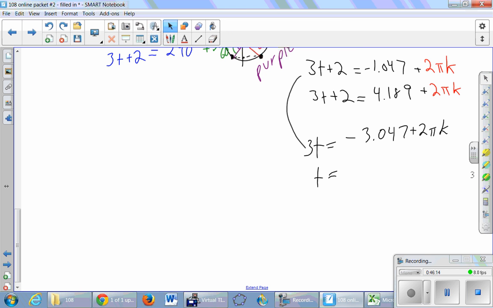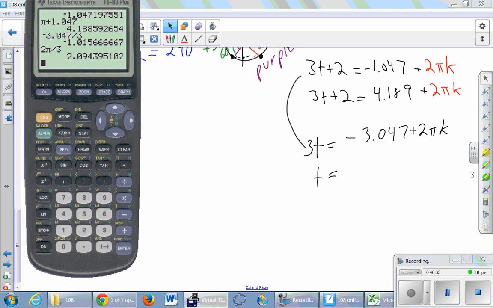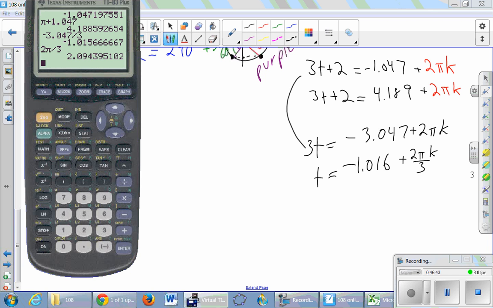And here the calculator will come in handy. That's that, and then we might as well take the other guy and divide by 3 as well. 2 pi divided by 3. So you can write 2.094, or you can just leave it. I personally like to leave it with the pi's in it, but either way is okay by me. So what do we have? Negative 1.016 plus, and then this guy also gets divided by 3. That's the one answer. Or I could do this guy. And let's see.